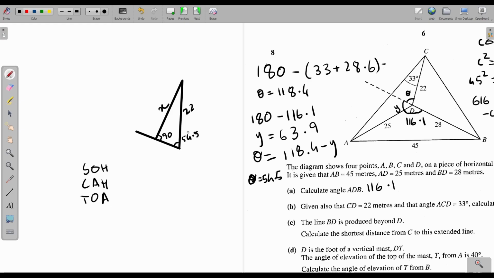And if we use tan, we have opposite, we don't have an adjacent. So let's use tan, I guess. Or sorry, sine, right?